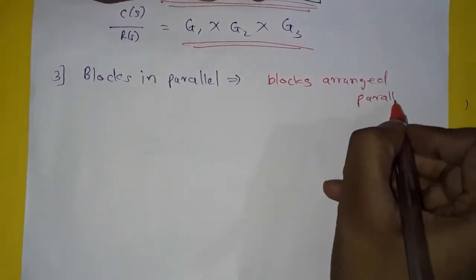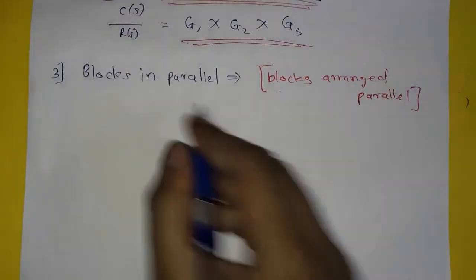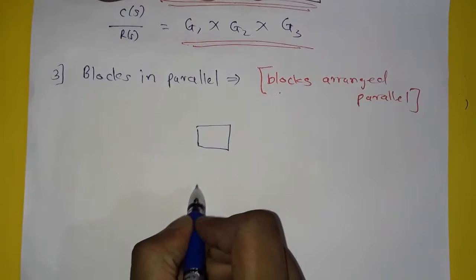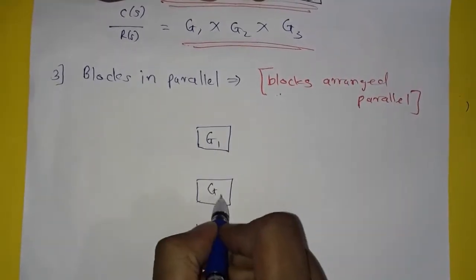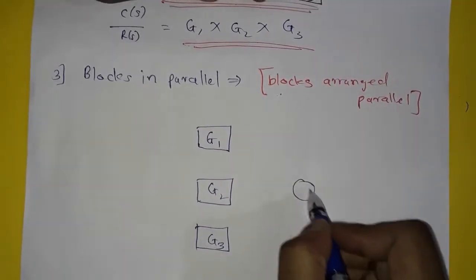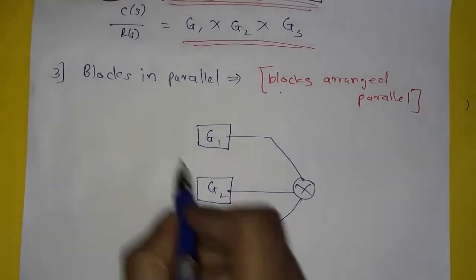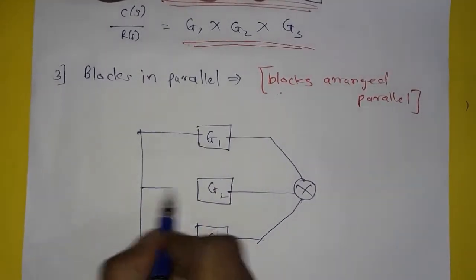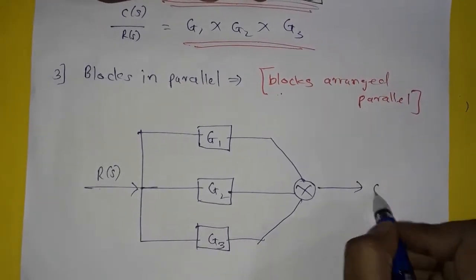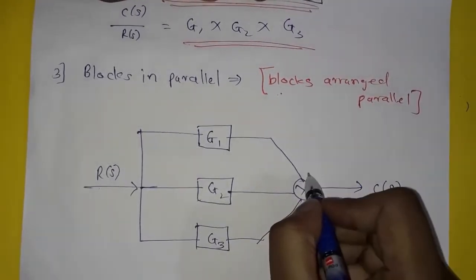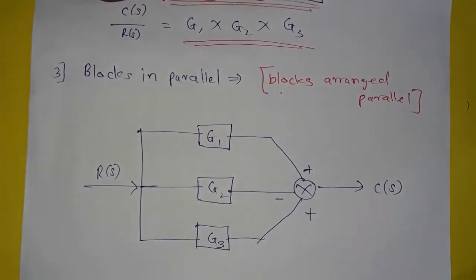Let's take this is one block, this is second, and this is third. This is G1, G2 and G3. This is summing point, and this is R(S), this is C(S). Let's take this is plus, this is minus, and this is plus.